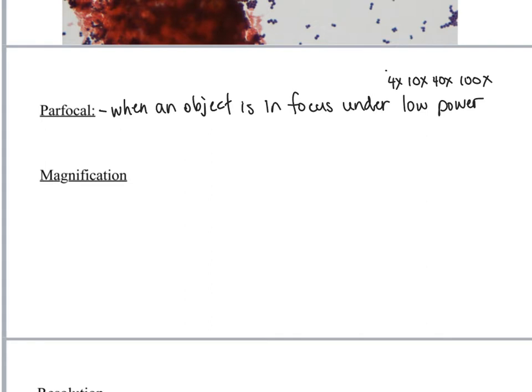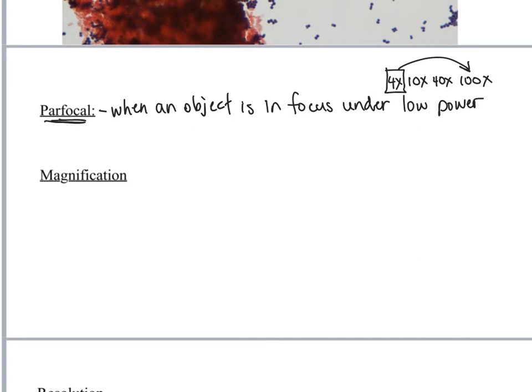So when you have your scope in focus under that lowest power, then if we don't change the level of the stage at all and only change the objective lens, that scope should still be in focus. So that's what parfocal means.